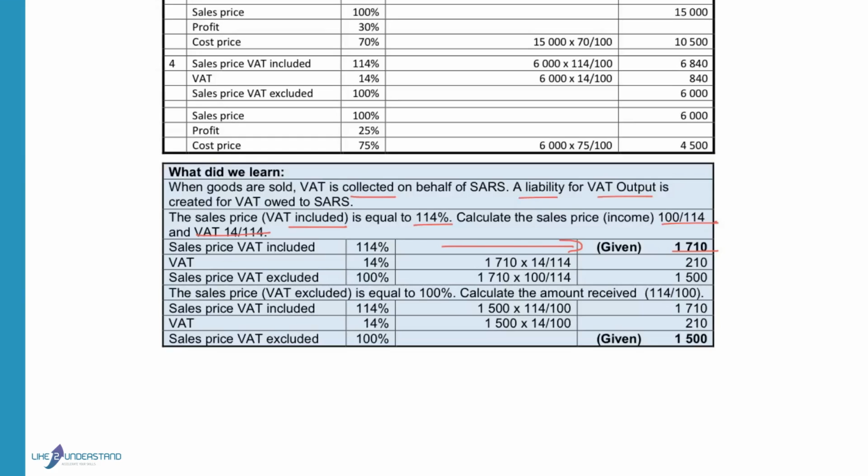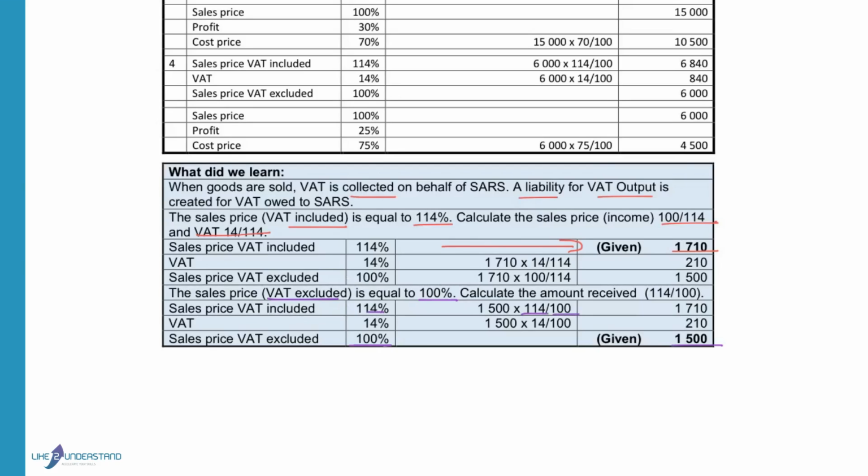The sales price excluding the VAT is equal to 100%. Calculate the amount received. Now they give us the sales price without the VAT, so they are giving us the 100% figure. If we want to calculate the sales price including the VAT, it means that I will say 114, the one that we want, divide by 100.